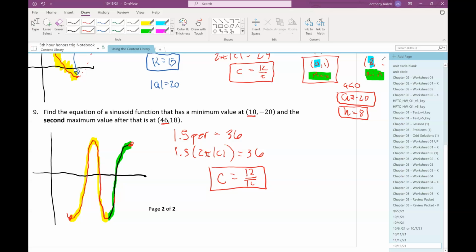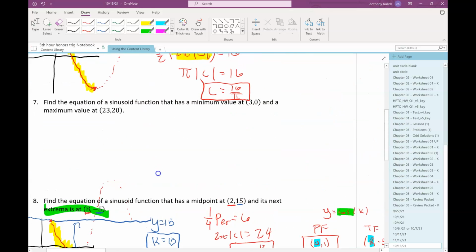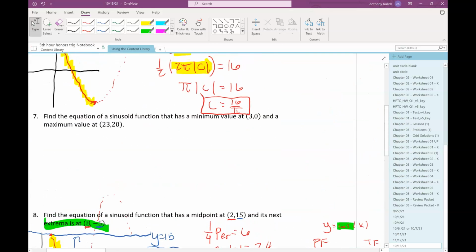Paul? Worksheet 2, could you do number 7? Yeah, sure. So again, drawing the picture.